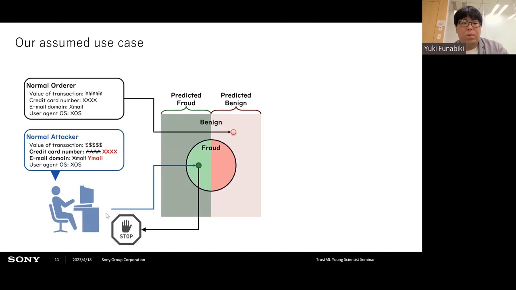So I will describe the assumed use case. At first, this is the normal business use case. There is one normal order.